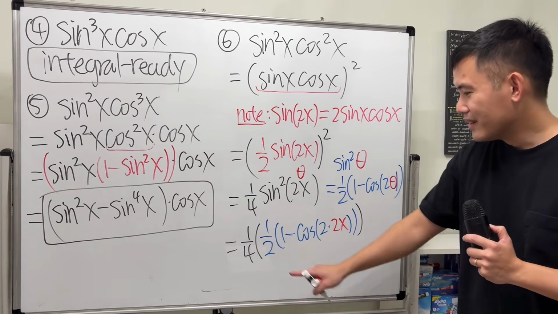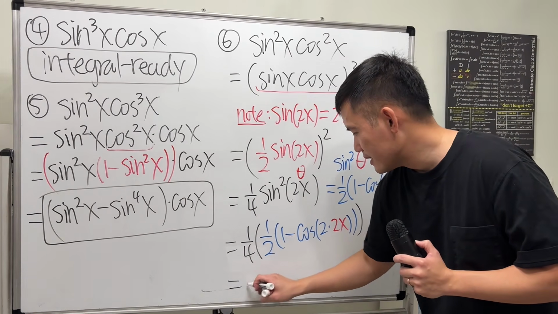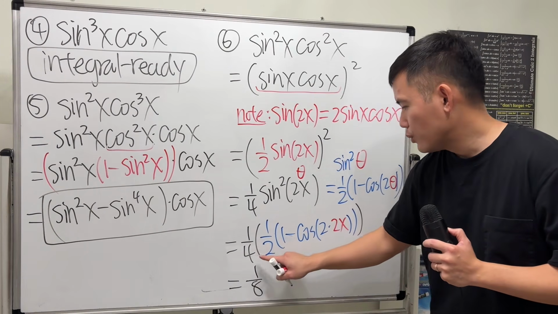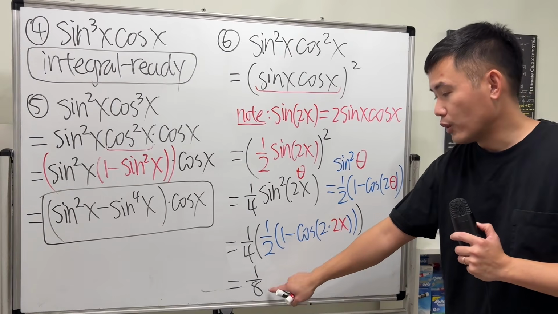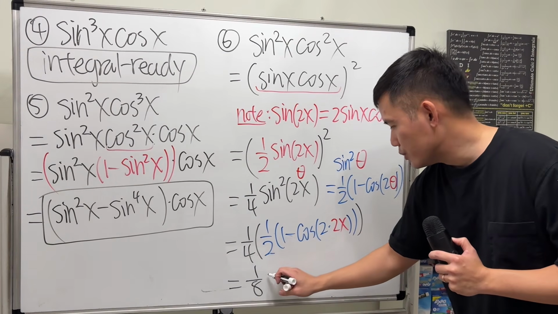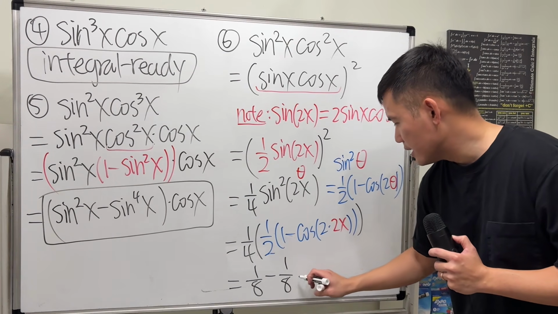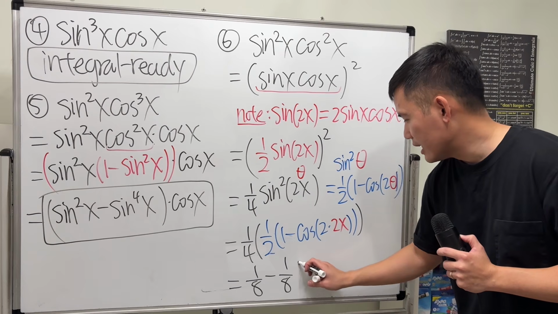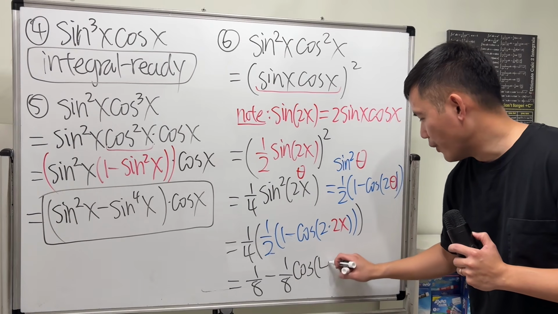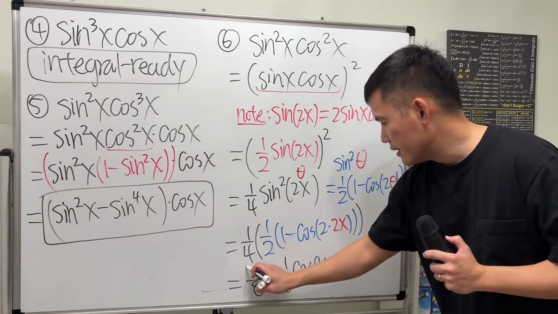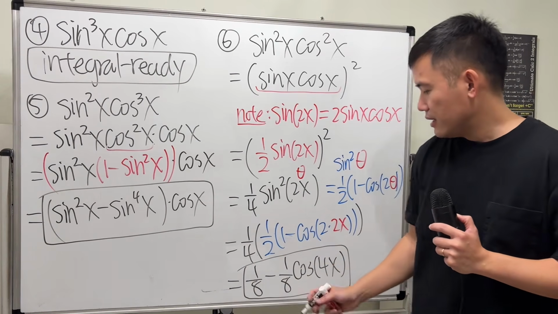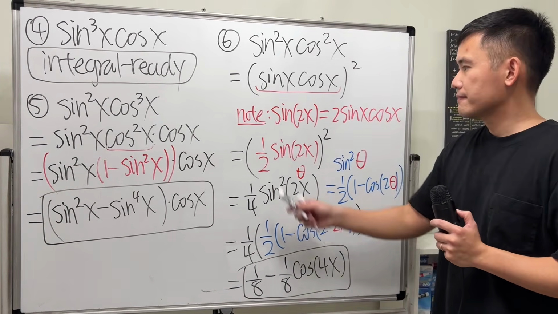Okay, and now this right here is just 1/8. And then 1/8 times 1 is 1/8. 1/8 times this, which is minus 1/8. And then we have cosine of 4x. And this is the integral ready form for that.